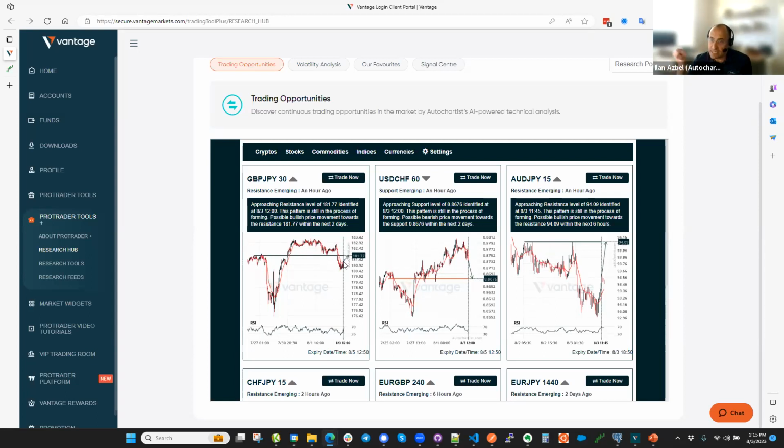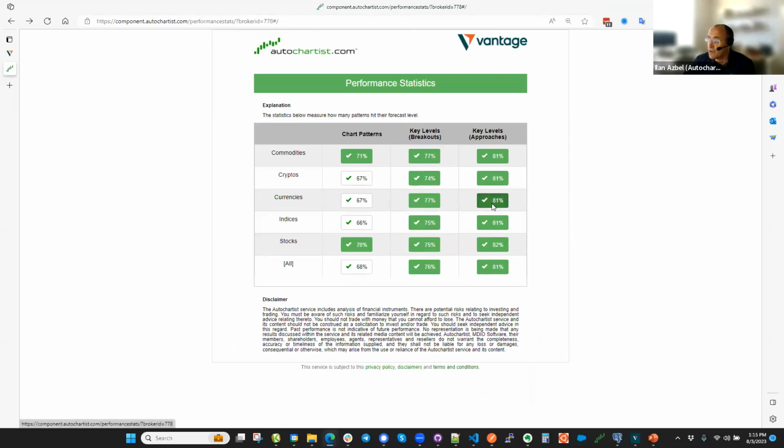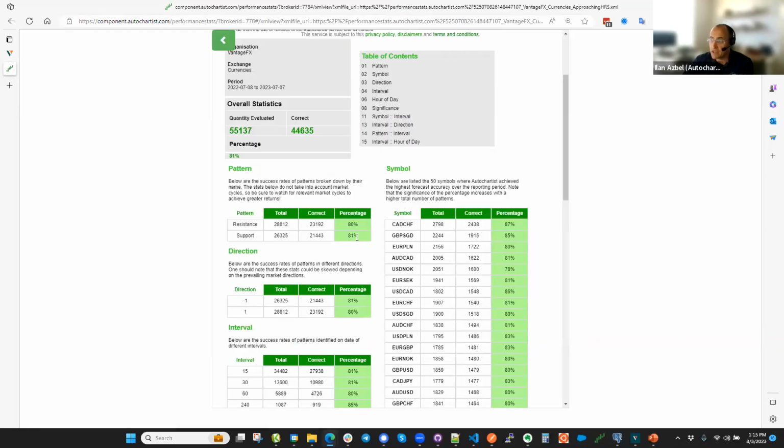But for the purposes of these stats, we're just testing what is the likelihood of the price actually touching that level that we've identified as that important level, right? And these stats are really, really high. You can see for currencies, like north of 80% probability of hitting those target levels.